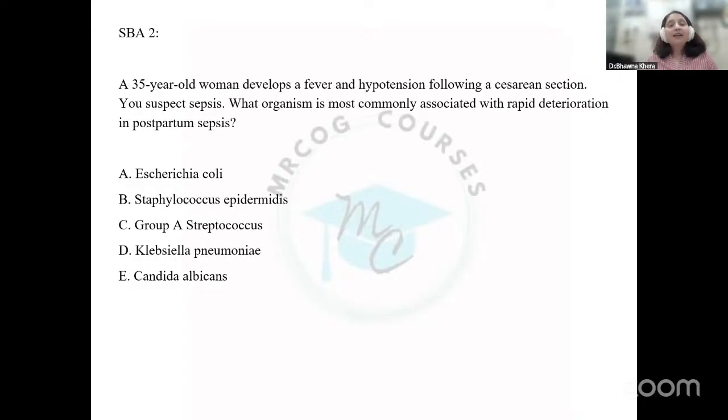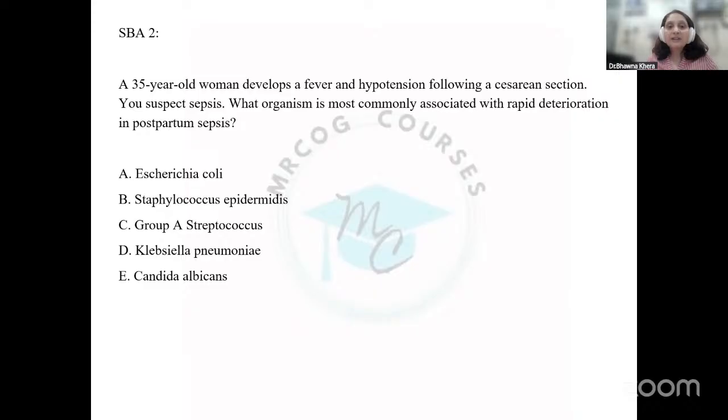Great. A 35-year-old woman develops a fever and hypotension following a cesarean section.